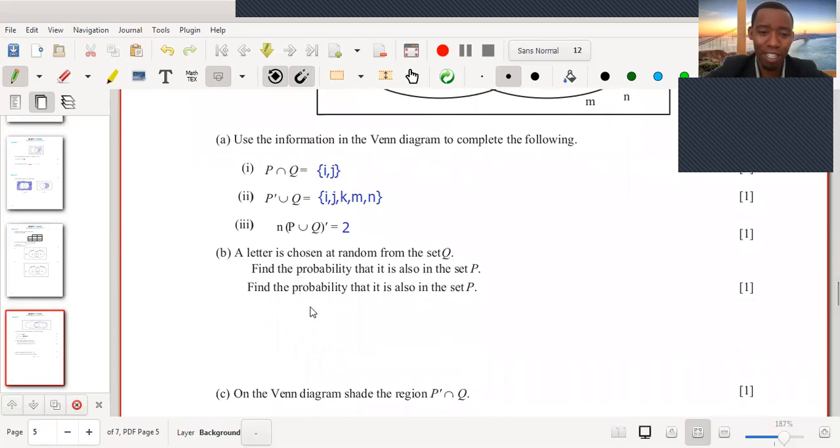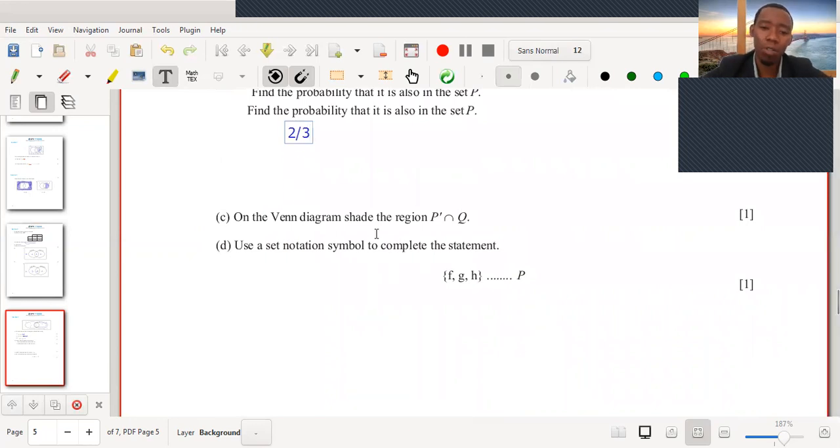The probability here will be 2 over 3. Okay, next.